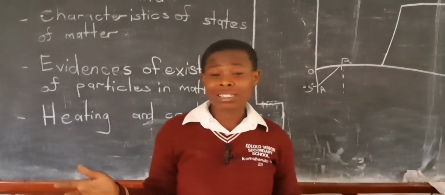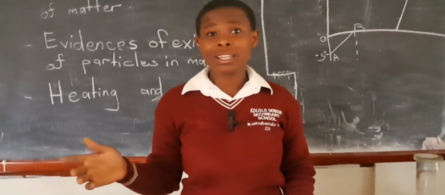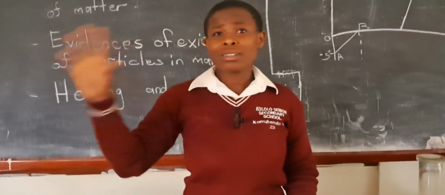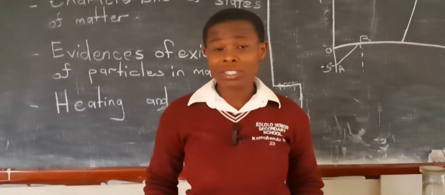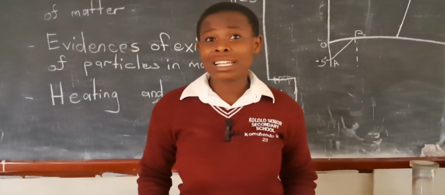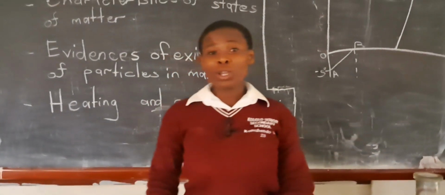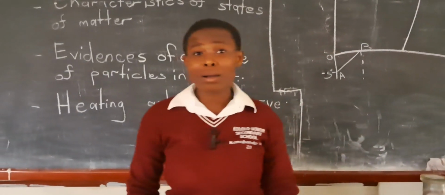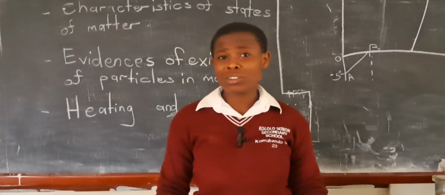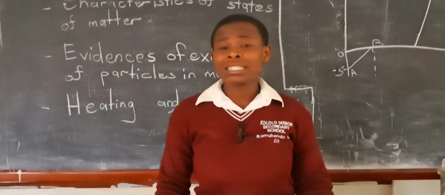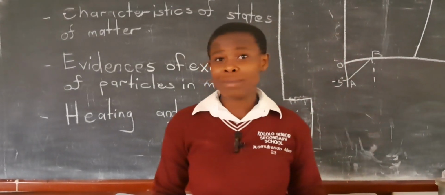Now, for gases as a state of matter, gases can be compressed, their particles are spaced, they have very weak intermolecular forces of attraction, and they can flow. Now, we ought to know that matter is made up of very tiny particles, and these tiny particles help us to determine the different states of matter as we listed them above.